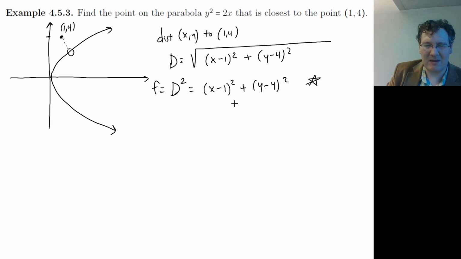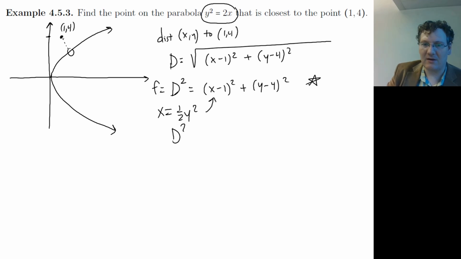But I don't want to just look at a function of x and y. I want to use a substitution, and for this, it's going to be easiest to substitute out the x, because this equation gives me x is 1/2 y squared, and I'm going to plug that in here.